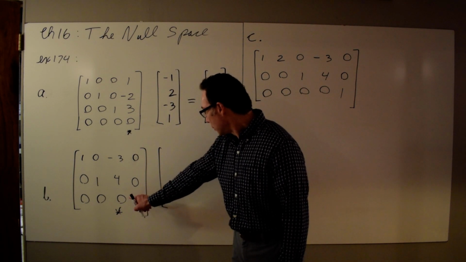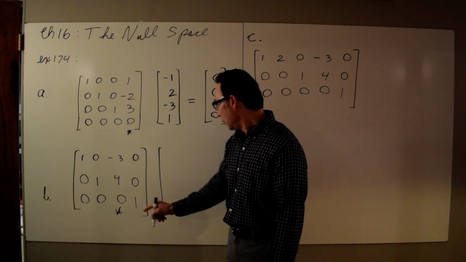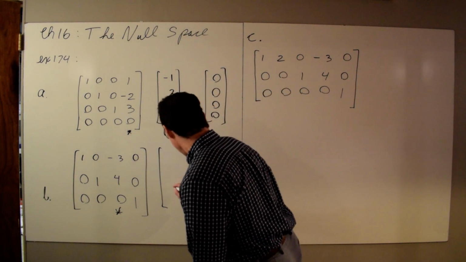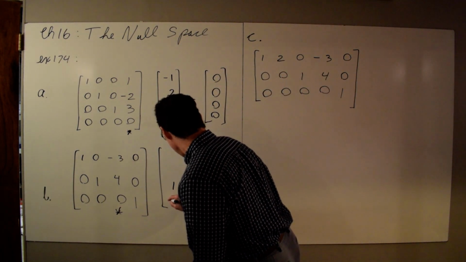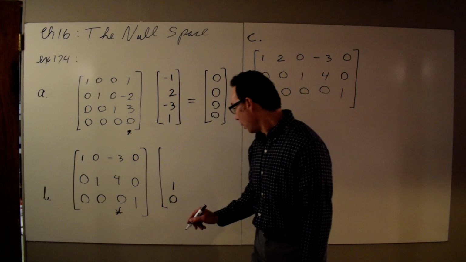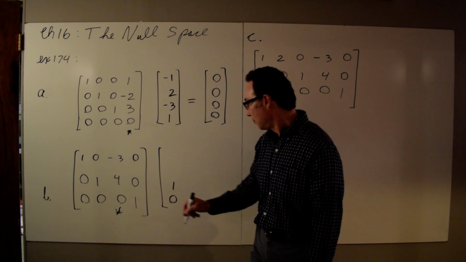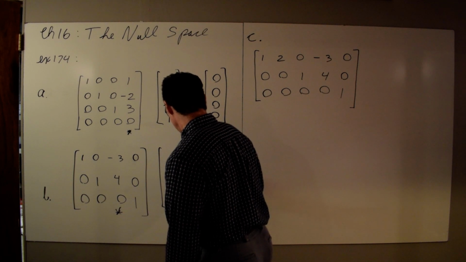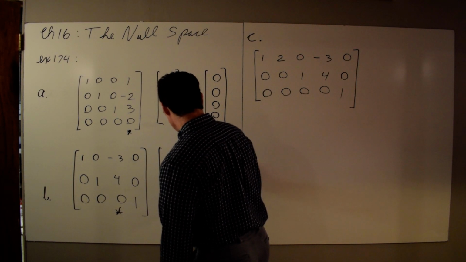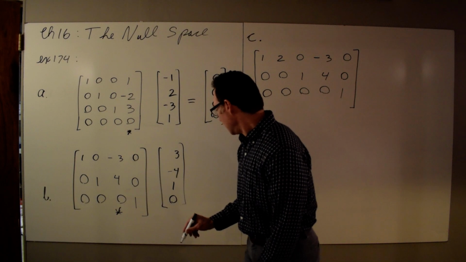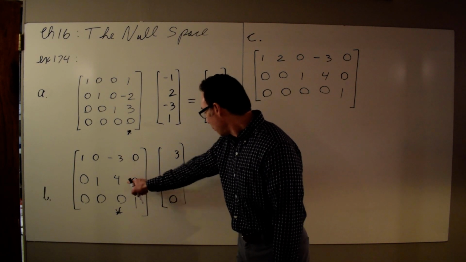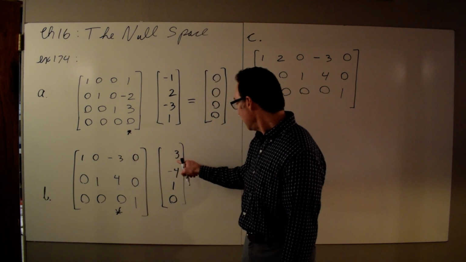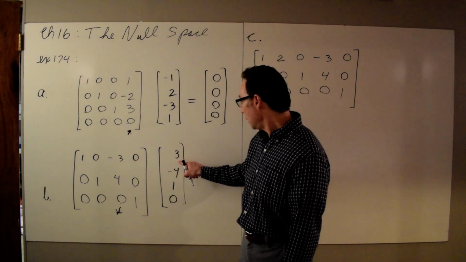So what does our proof say to do? It says in the third place, because it's the third column, make the third component a 1. Everything below the third component is a 0. And then we go up the column, changing the signs. So when we had the 4, we put a -4 here. With the -3, we change the sign and make that a 3.